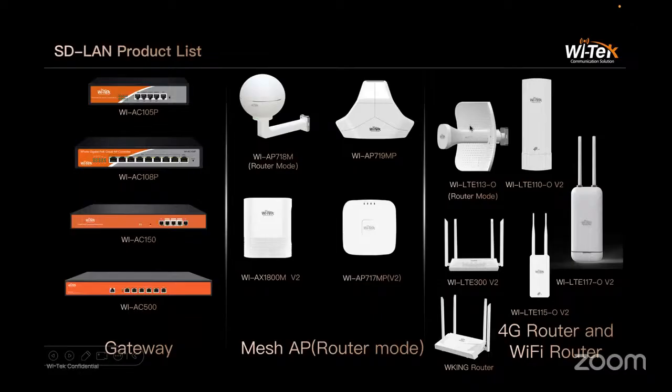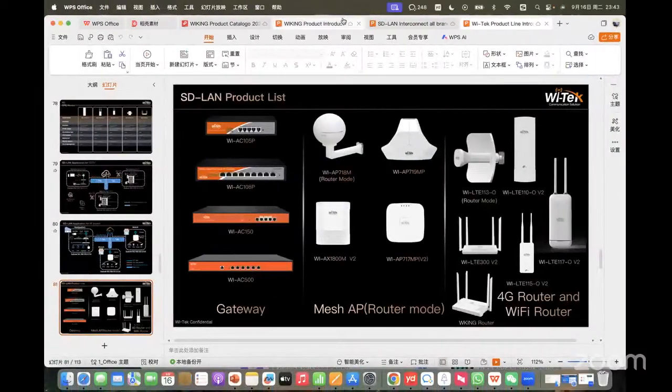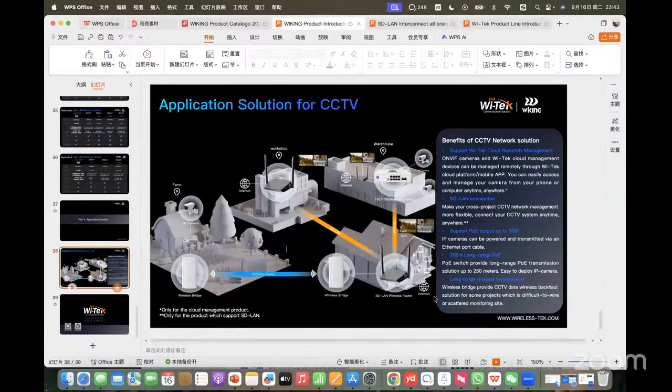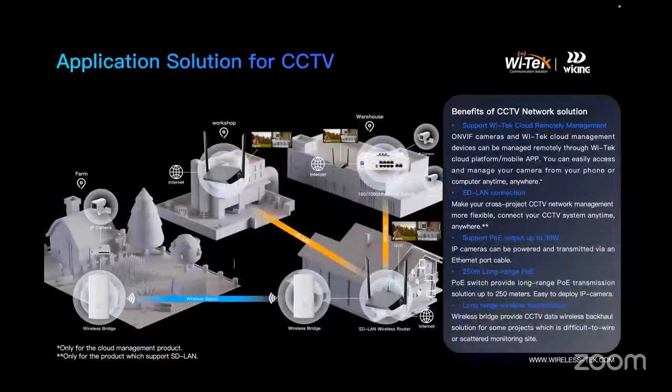We have this outdoor 4G router, and the indoor 4G router, and also the Wiking router. So you can see any router model you use from Wi-Tek, you can build a SLAN link. So this is useful information for the SLAN.